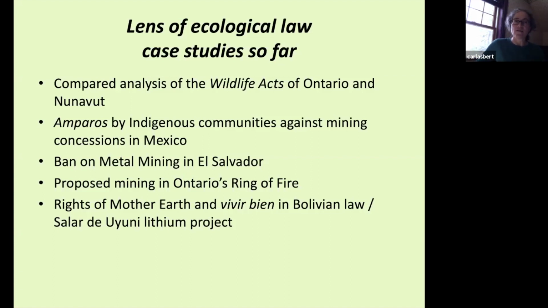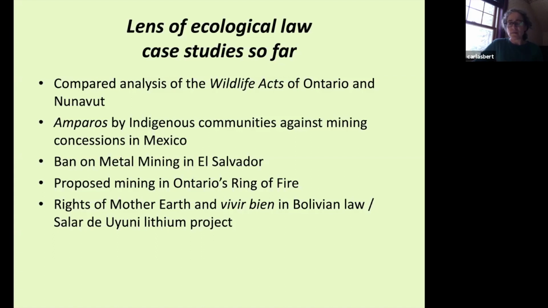So the rest of my experience using the lens of ecological law, and really that's what I've tried to focus this presentation on, like what is it like to use it, more than the substance of the conclusions or the insights of the analyses. So the rest were all case studies based on mining, and very different sets of norms, I suppose.